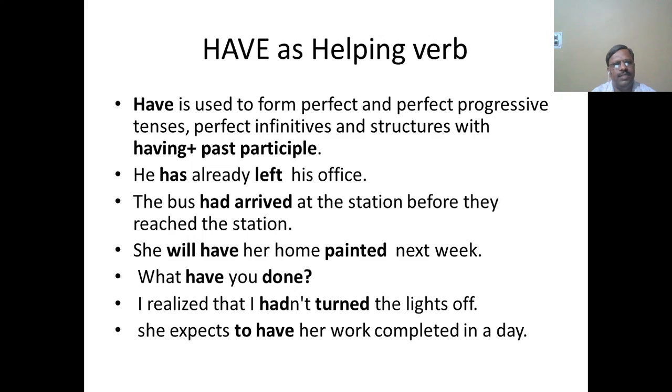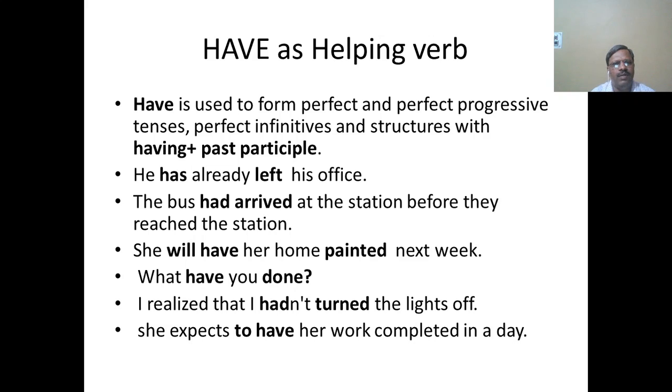So for the first event we used the past perfect tense and simple past tense to indicate or suggest the event that took place later or which happened next to the first one.